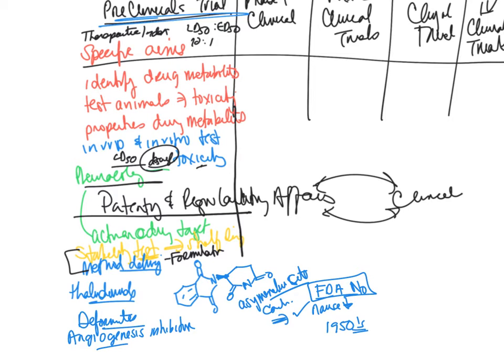Scientists still don't know the exact mechanism by which thalidomide works. They do know that this asymmetric center racemizes, and one of the enantiomers is responsible for the angiogenesis inhibition. The other one would be responsible for the anti-nausea, okay? But it racemizes in the body.